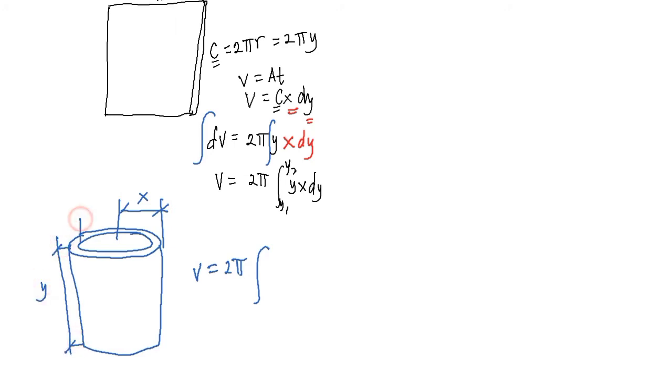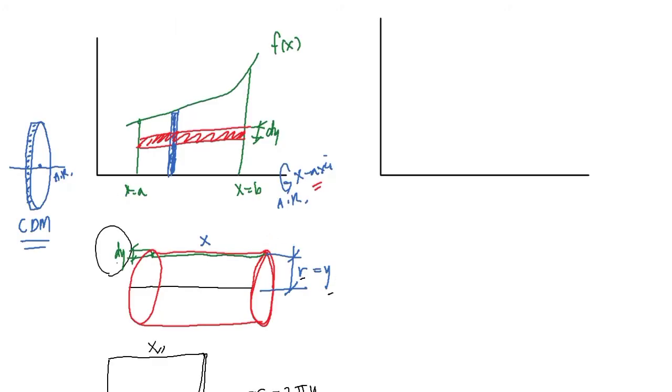And of course, the thickness here would be the dx. So, we would have here xy dx, and our limit, since naka-x tayo, would be from x sub 1 up to x sub 2. What about in the scenario na bounded by two curves?